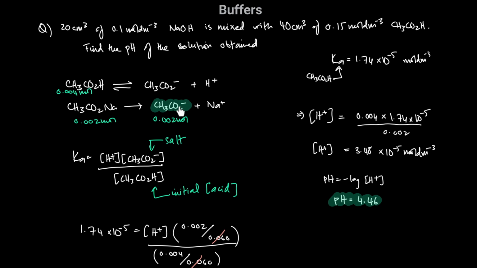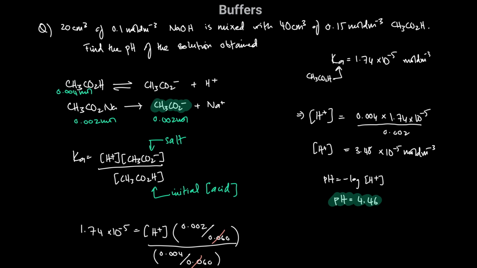So what that means is that now in this solution we have a decent bit of acid left over, and a decent amount of conjugate base. From the acid itself, you have a very small amount being formed, and as the concentration of this increases, this equilibrium shifts even further to the left, which means you have very few ethanoate ions coming from the acid, so we can assume that all the ethanoate ions are coming from the salt.